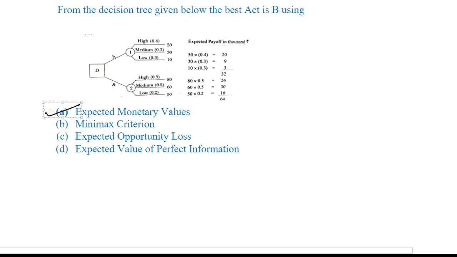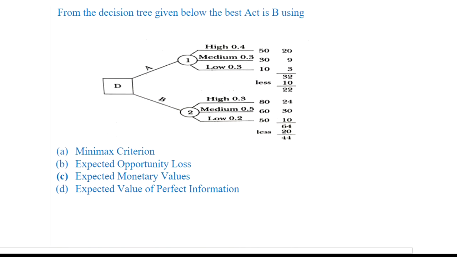Next question. Okay, same, different numbers, 22, 44. So the answer is expected monetary value. It's just a different calculation, but the approach remains the same. Whenever we have the decision tree being given, the right answer will always be expected monetary value.